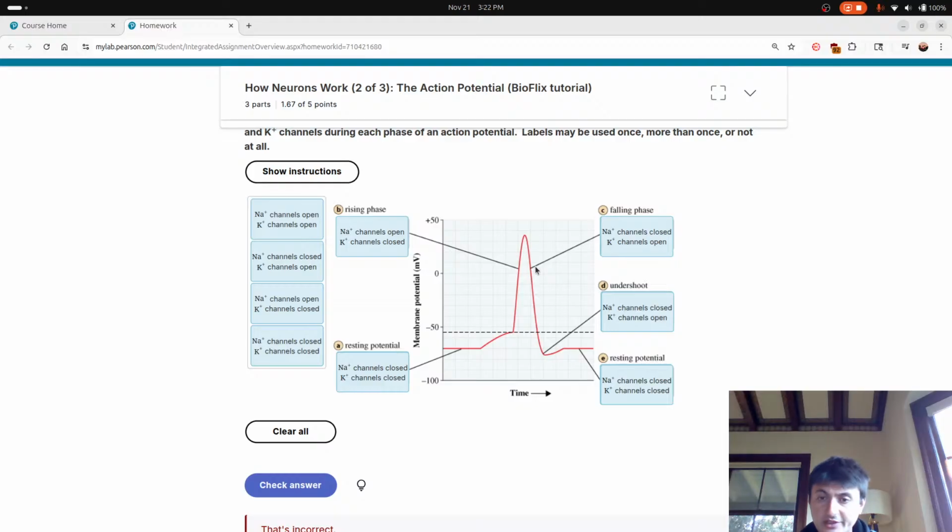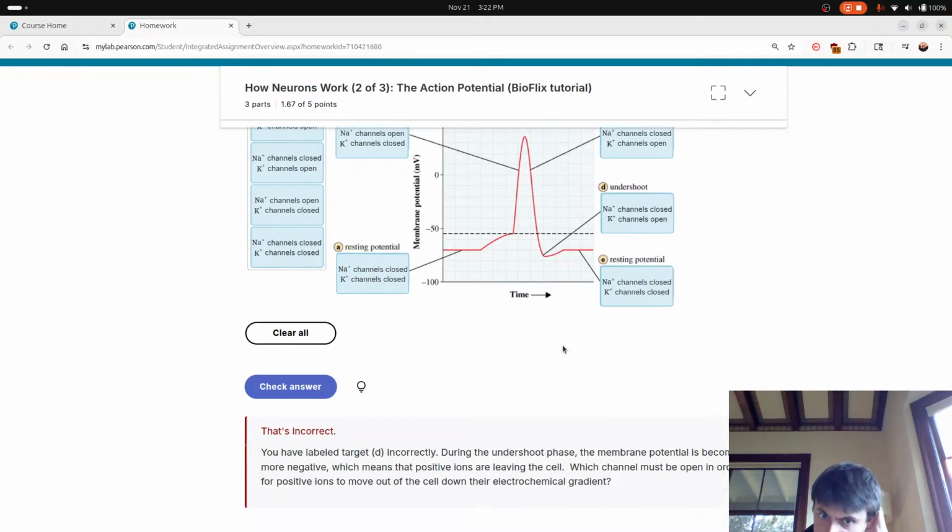So at this point in the falling phase, sodium should be closed, potassium should be open. Then here, potassium still needs to be open because it needs to... Okay, maybe this is it.